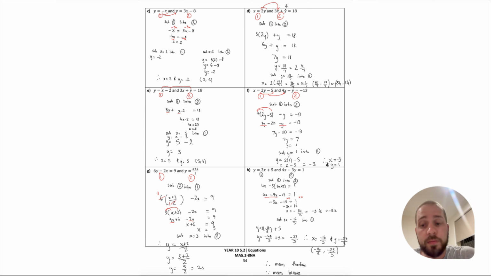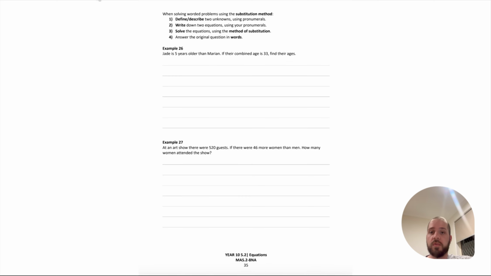I'd like to deploy guided methods where, what do you do next? Make them think about it. Have a go first once I've gone through the explanation. Make sure that they can have that grasp of understanding, and then we go through and answer each question together. And then we'll move on to some worded problems within simultaneous equations.